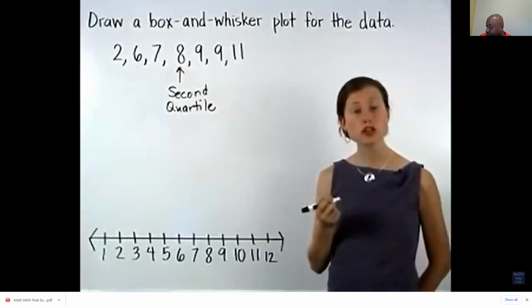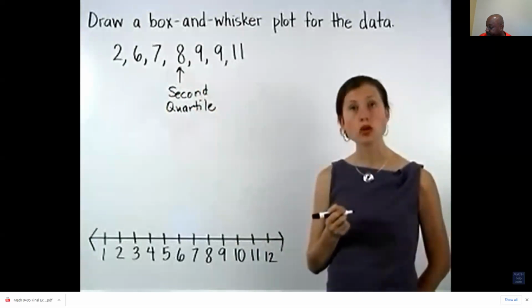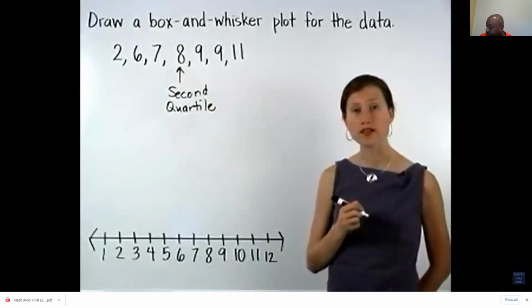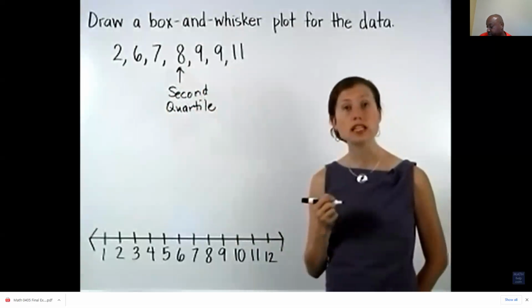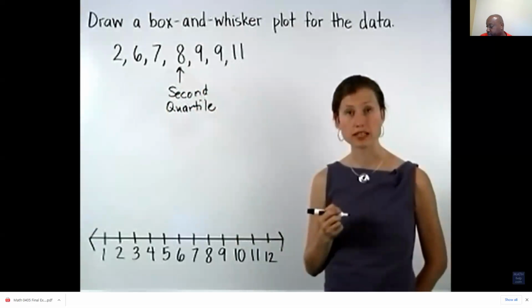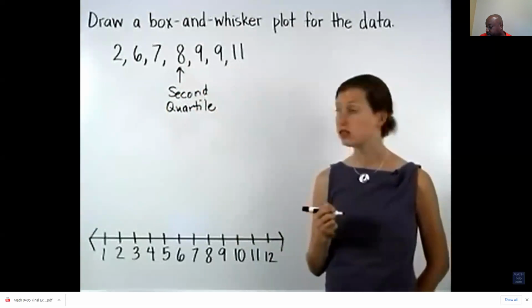Next, we find the first and third quartile, which are the median of the lower half of the data set and the median of the upper half of the data set. Let's start with the first quartile, which is the median of the lower half of the data set.